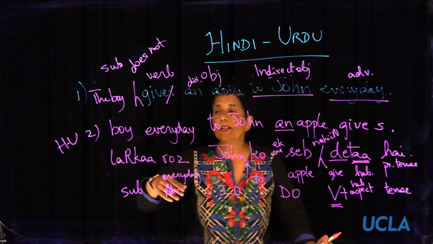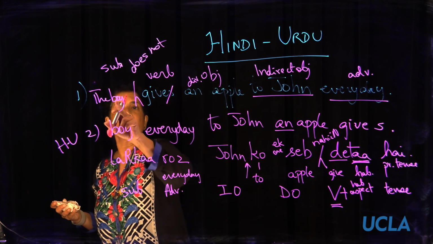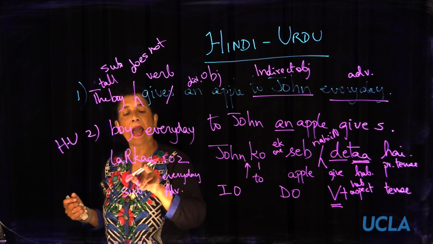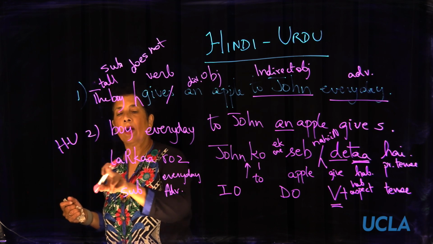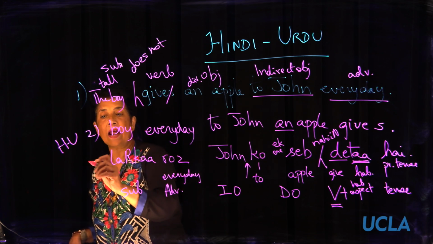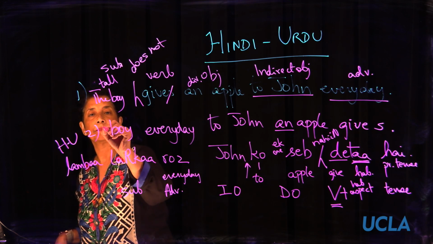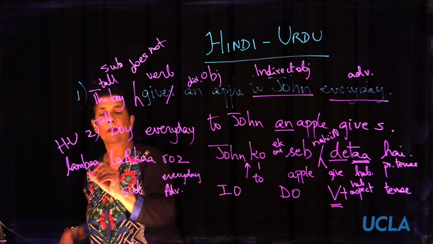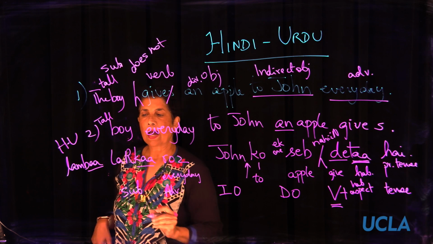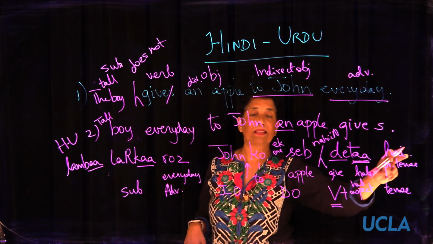But I want to point out that if there was an adjective here, then in English we'll say, let's say the tall boy, and in Hindi-Urdu also it'll precede the boy, and we'll get the word for tall is lamba, and once again the sound will match up, and you'll get lamba ladka rose John ko सेब देता है.